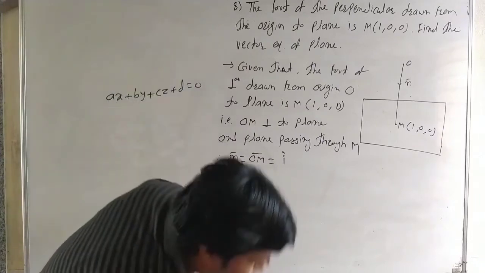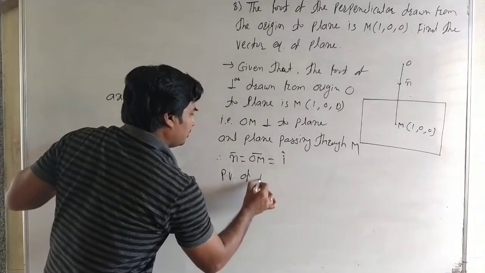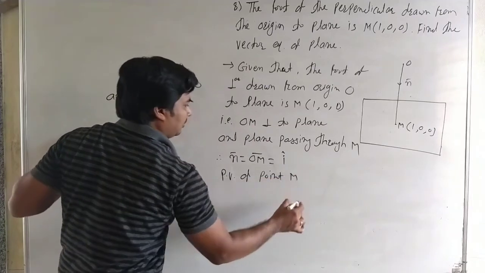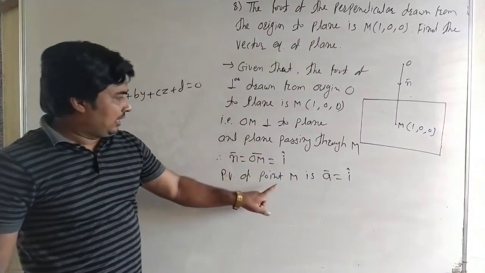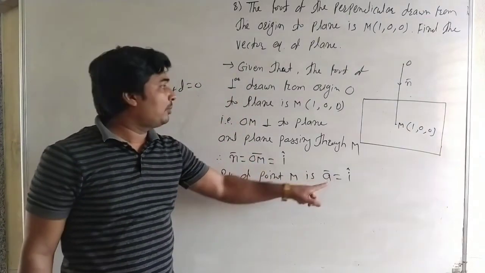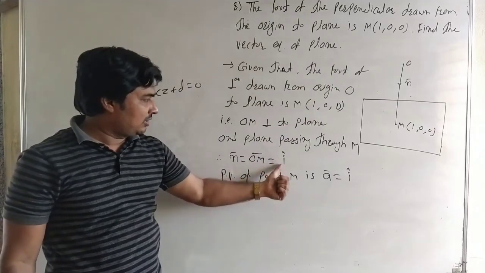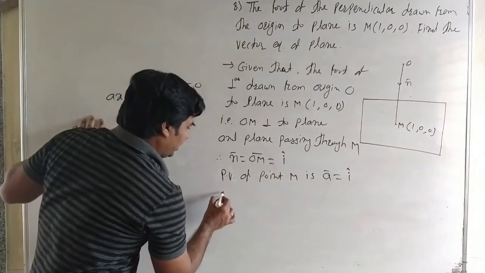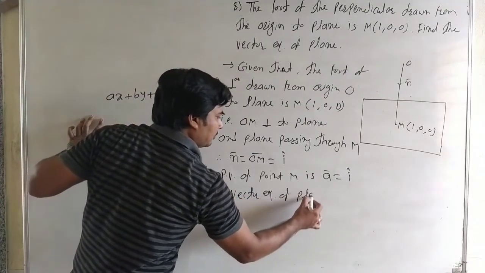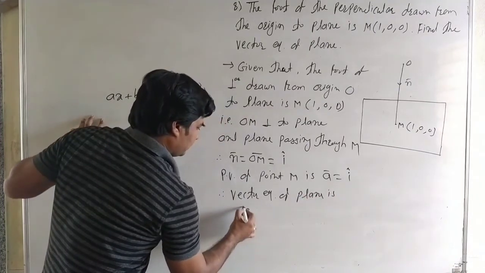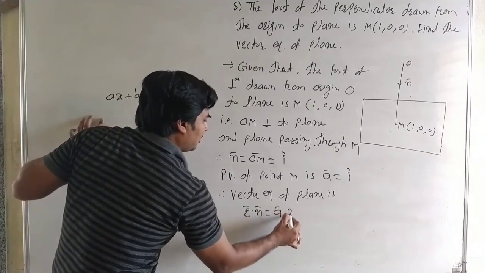The plane passes through point M, whose position vector we call a bar, which is again i cap. The plane is perpendicular to the vector OM, that is n bar, so it is a normal, and the plane passes through the point. Therefore the vector equation of the plane is r bar dot n bar equals a bar dot n bar, so r bar dot i cap equals i cap dot i cap.